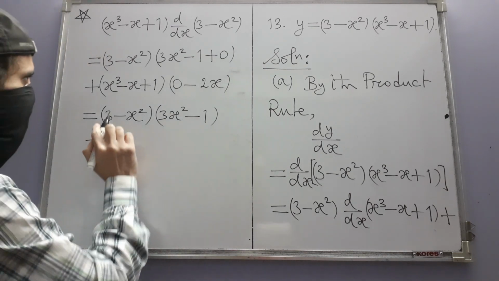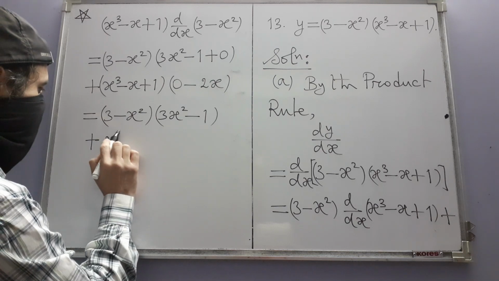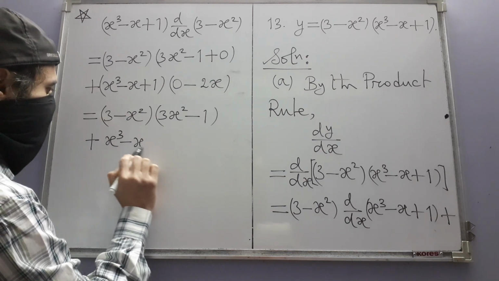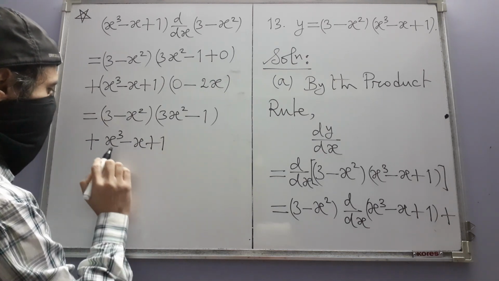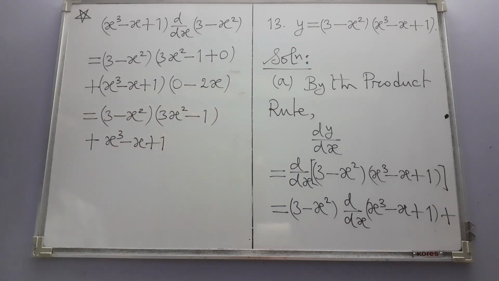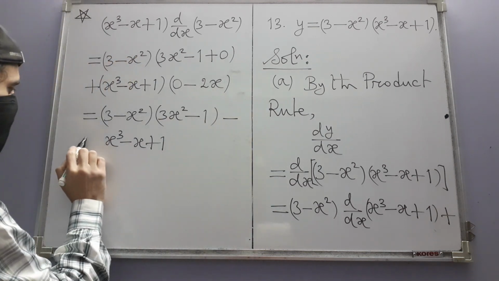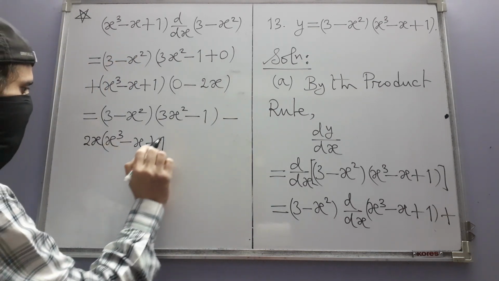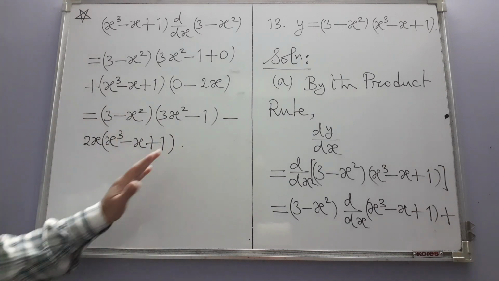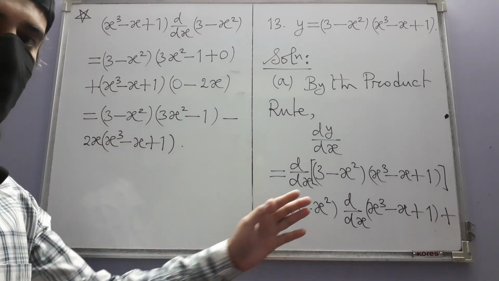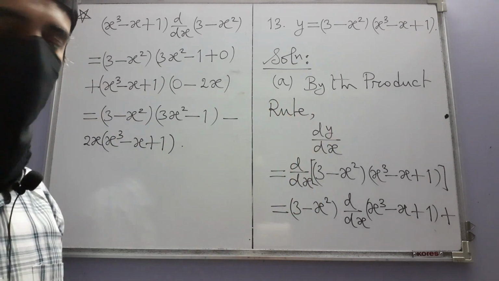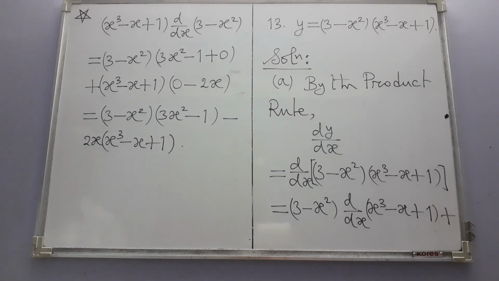Does not matter in what form we keep it. Because it is just minus 2x, you can also write like this, minus 2x times this. So this is our answer. By the product rule we are getting this.